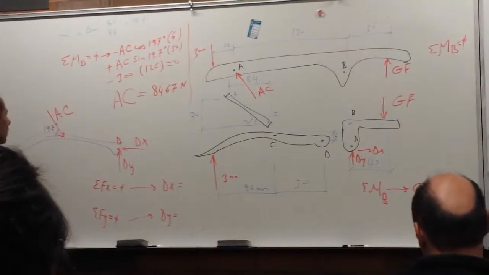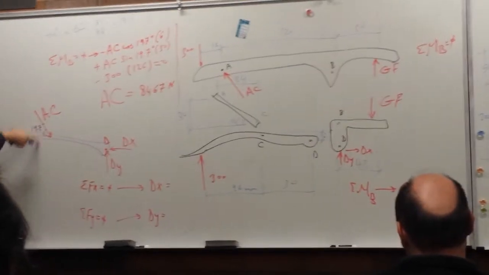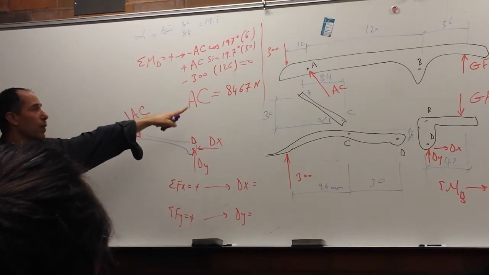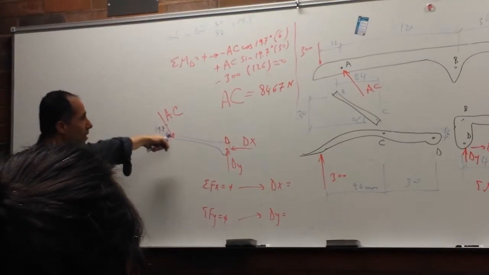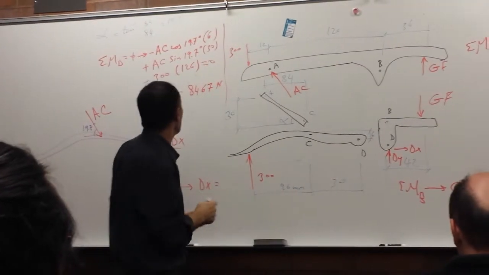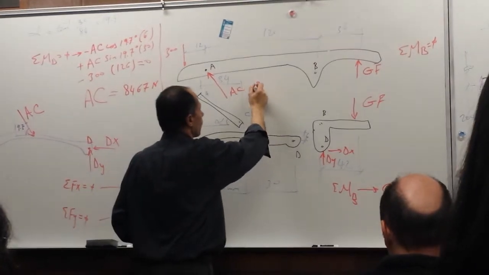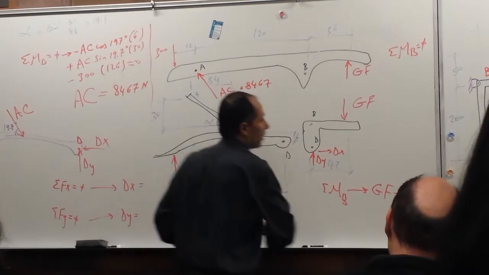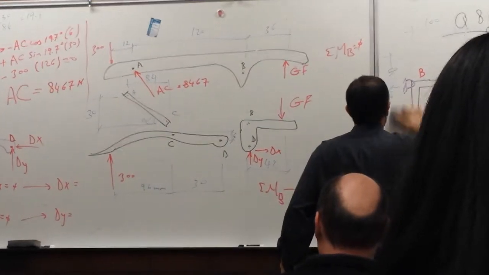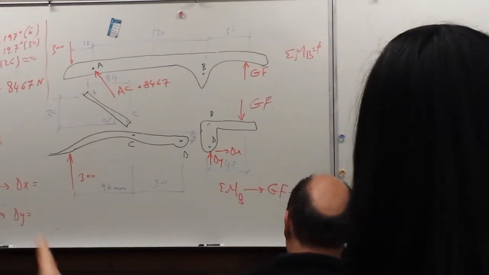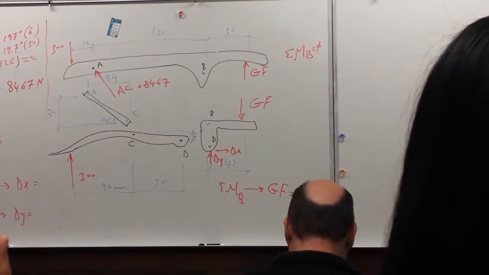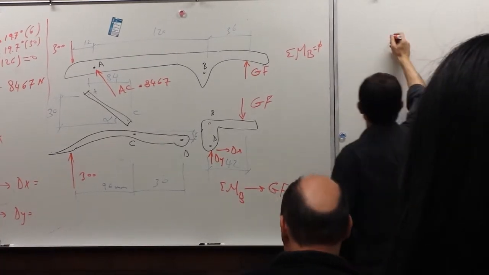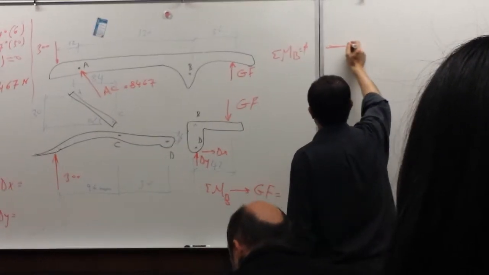Before we look at that, we put this force AC, and he said it's 8,467, and it's down, which means it's pushing up with 8,467. And sum of the moment at B equals 0.